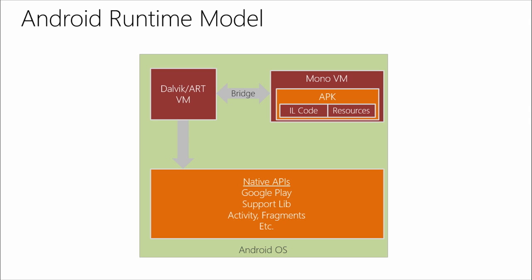So we have full access to the Android platform, with the sensors and all those things in our phone, but it's being provided through this Mono VM, the .NET Framework running on a non-Microsoft platform. Exactly, and what Xamarin does is provide a bridge into the Java VM, Dalvik or ART, and that is what communicates down into the native platform.